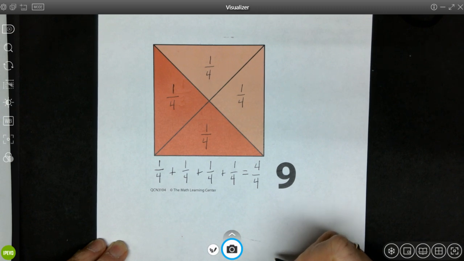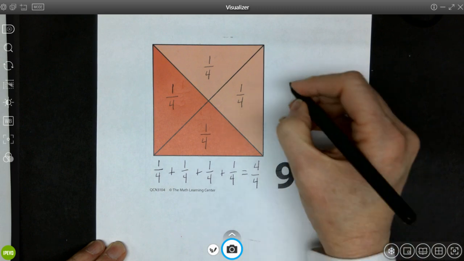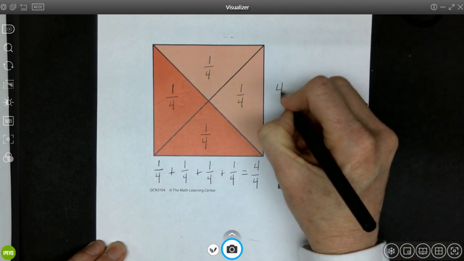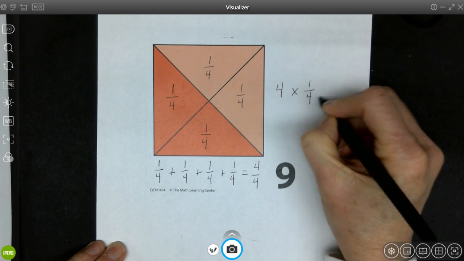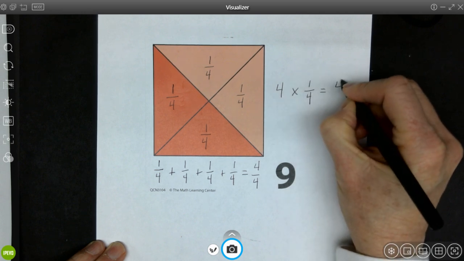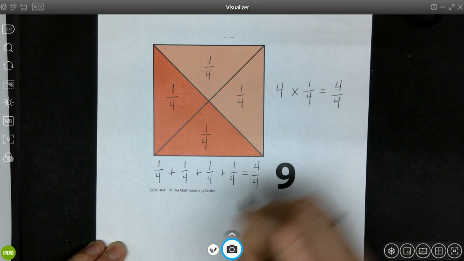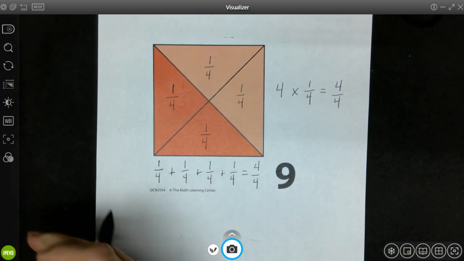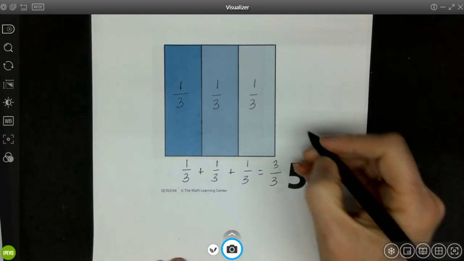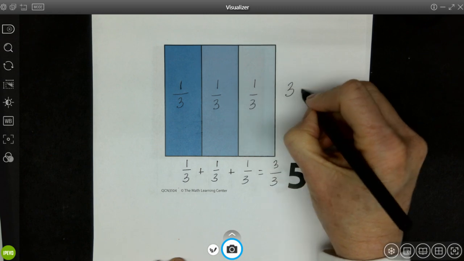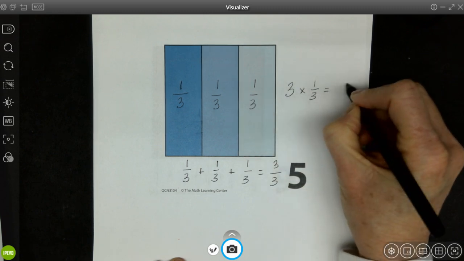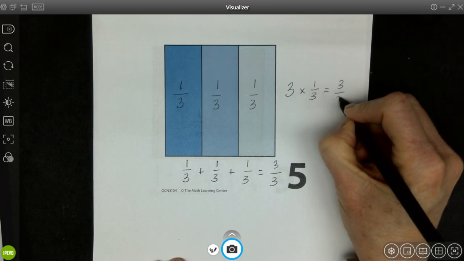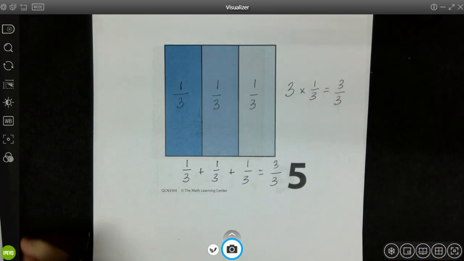Now the interesting thing is we can actually also write those as multiplication equations. We could say 4 groups of 1/4 is equal to 4/4, because there are 4 of them. Here we could say 3 groups of 1/3 is equal to 3/3.